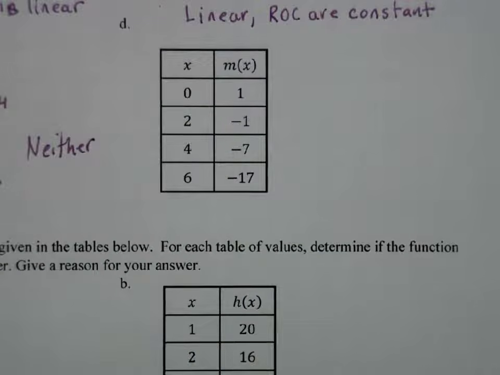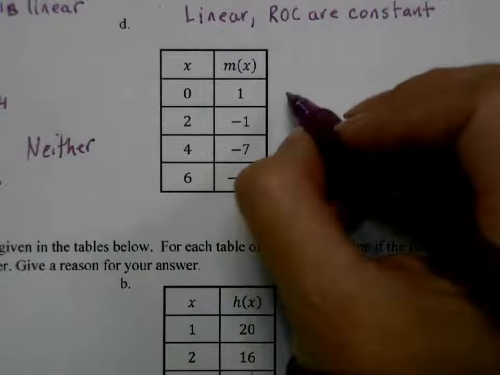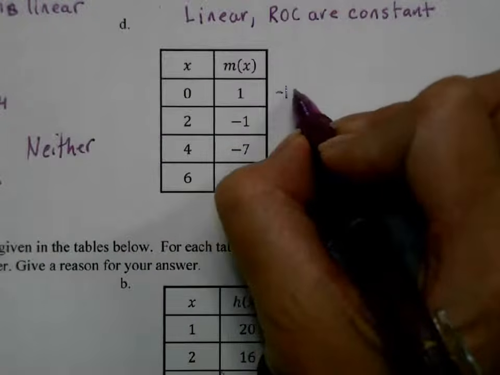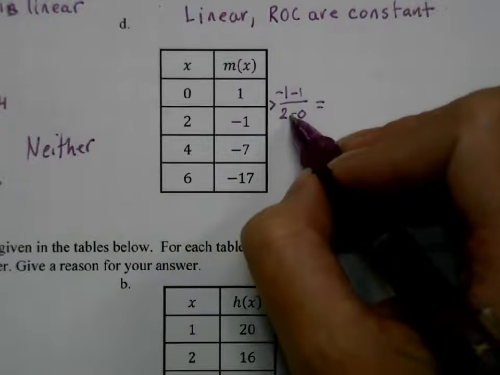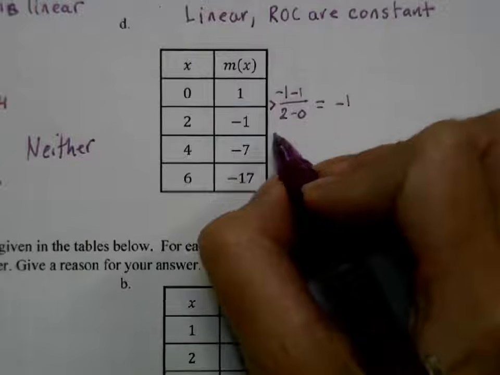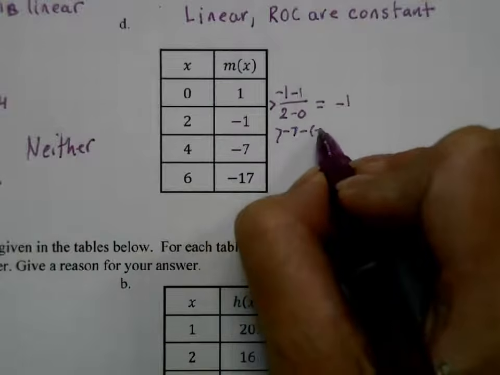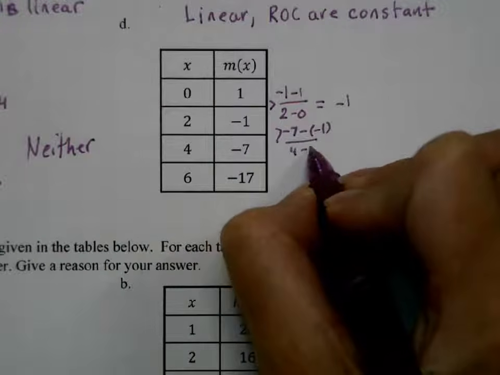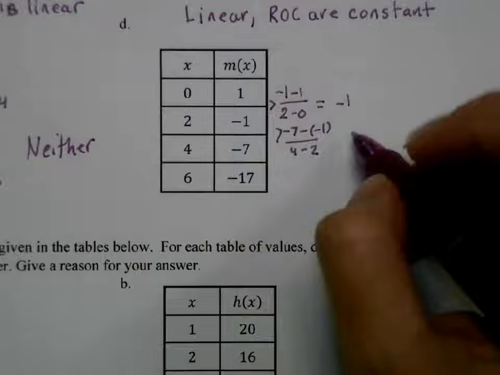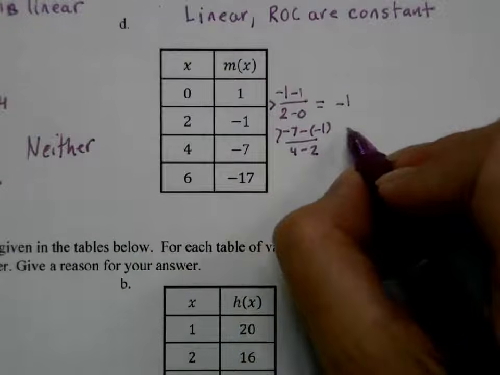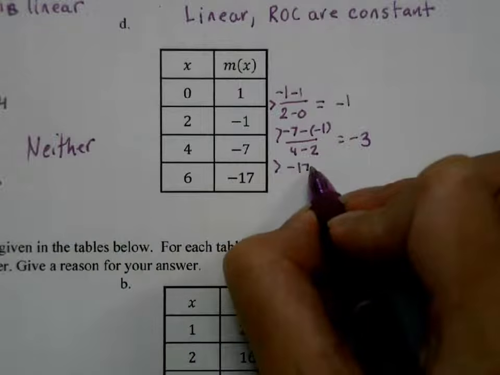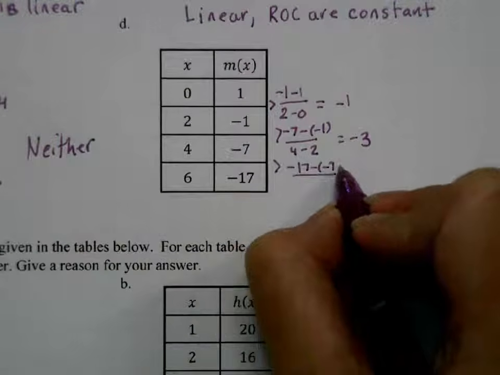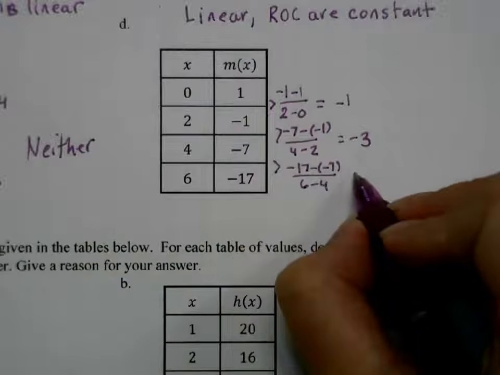So for this one, -1 minus 1 over 2 minus 0 would be -2 over 2, which is -1. -7 minus -1 over 4 minus 2 gives me -6 over 2, which is -3. And finally, -17 minus -7 over 6 minus 4 would be -10 over 2, or -5.